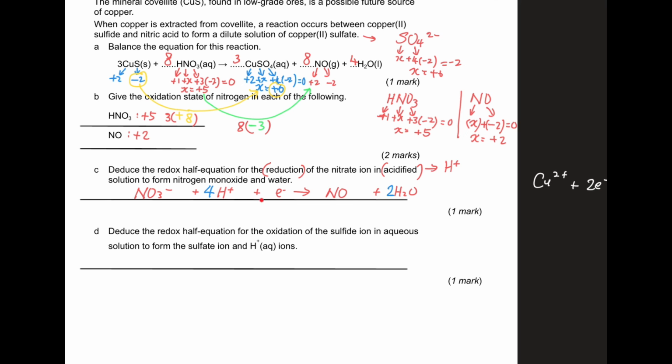So left hand side must get 0 as well. So minus 1 plus 4 minus 3. So have to put 3 electrons here, so that I end up with 0. So that is how we balance it.